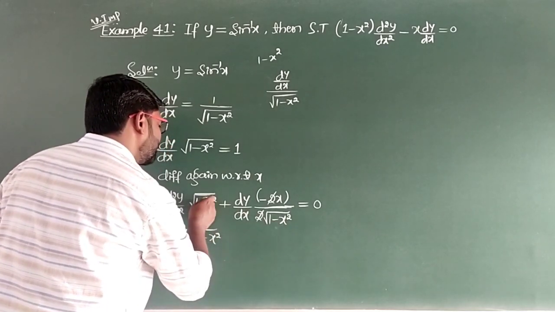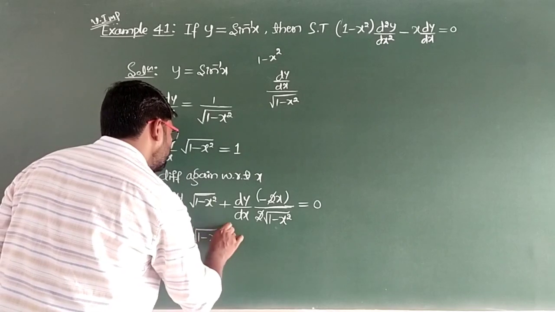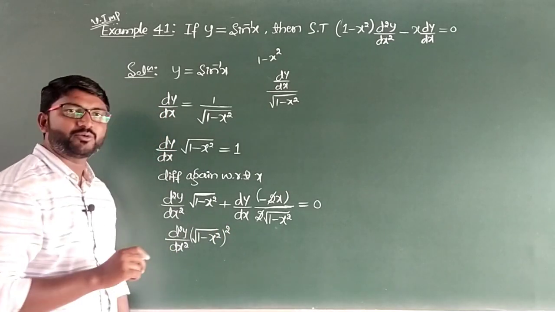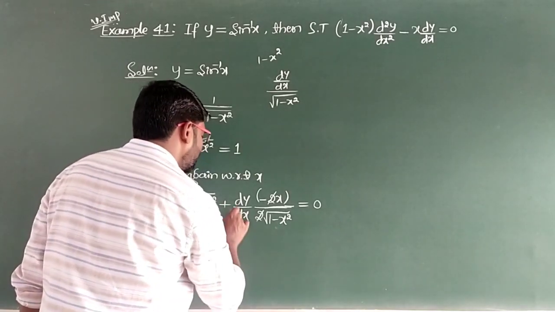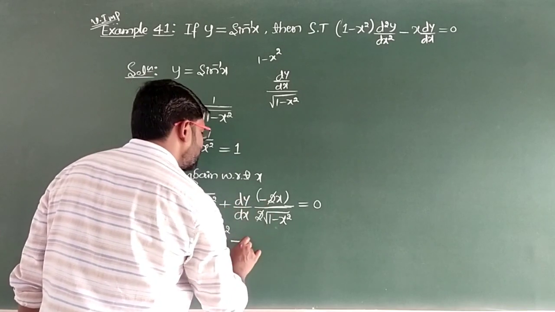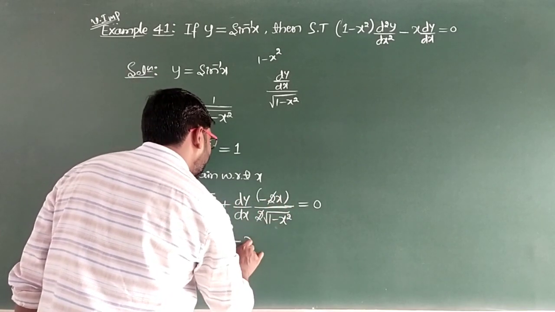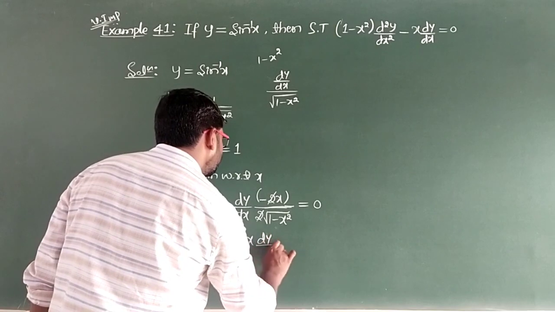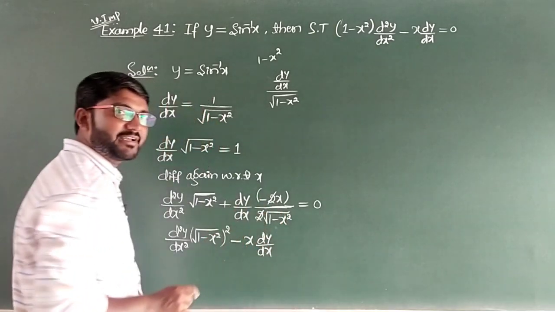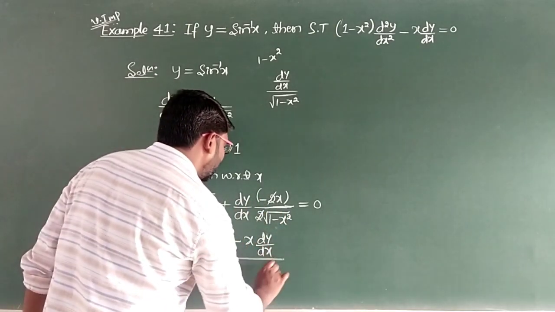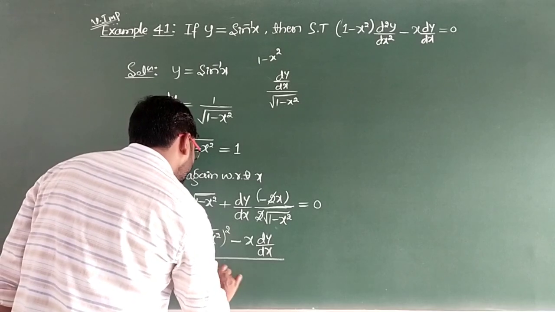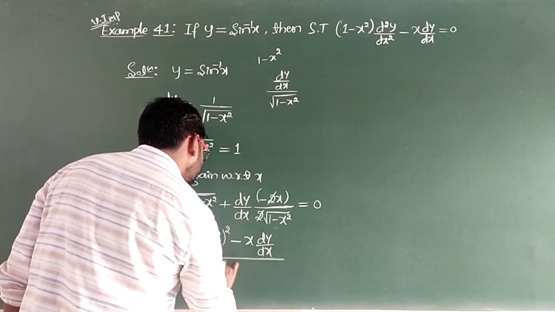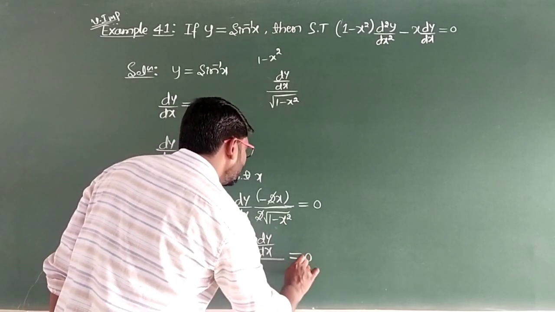If you multiply with this we get square root of 1 minus x square the whole square, plus into minus, it will be minus. So we are left with x dy by dx, then whole divided by square root of 1 minus x square. This is equal to 0.